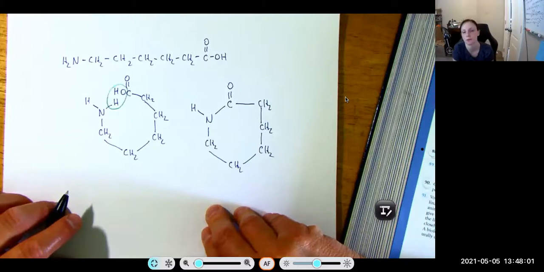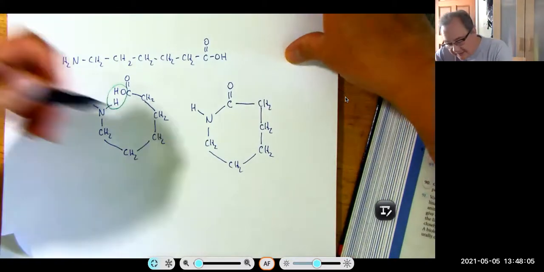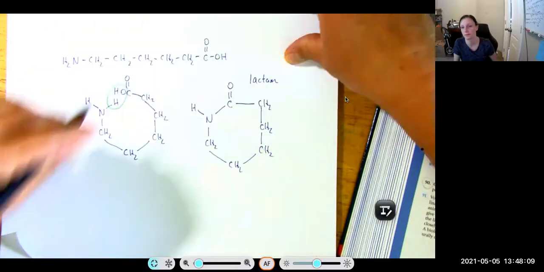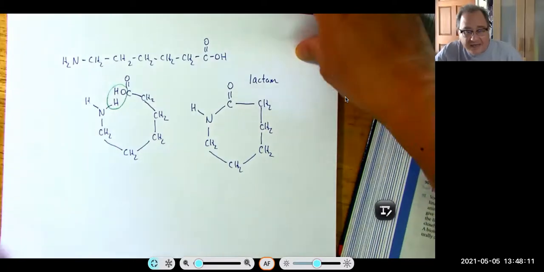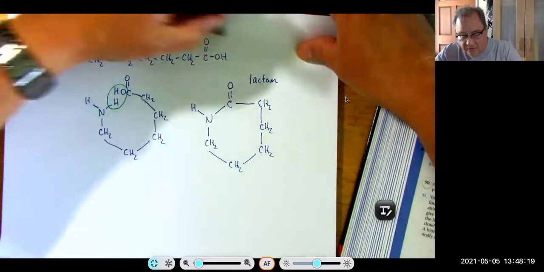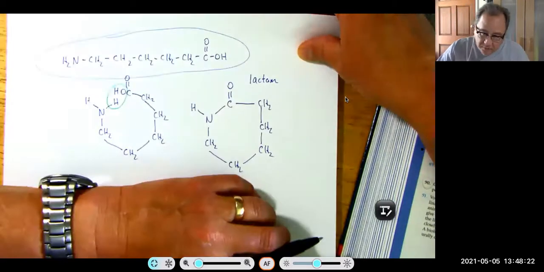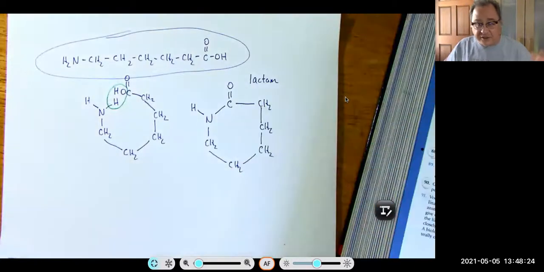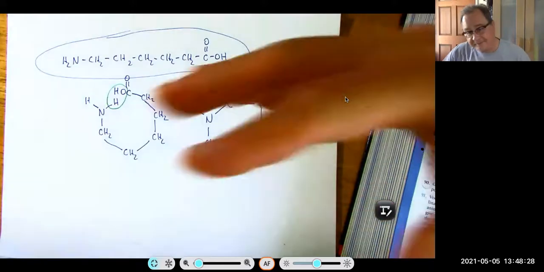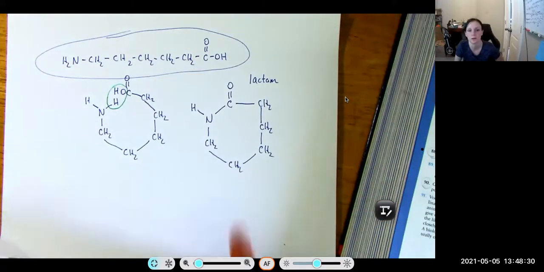Well, haven't we done this before? Yeah, this is called a lactam, because it's an amide. So this can happen. And that's why you might not want to make a polymer where you've got one end being one thing and the other end being the other, because it could just form a ring instead of a continuous unit.